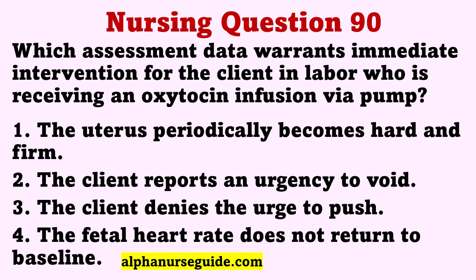The oxytocin infusion should be stopped immediately. The uterus becoming hard and firm periodically indicates a contraction, which is expected when administering a uterine stimulant. The client wanting to urinate would be expected because the baby's head is pushing against the bladder. Denying the urge to push indicates the client is not in the last stages of labor.